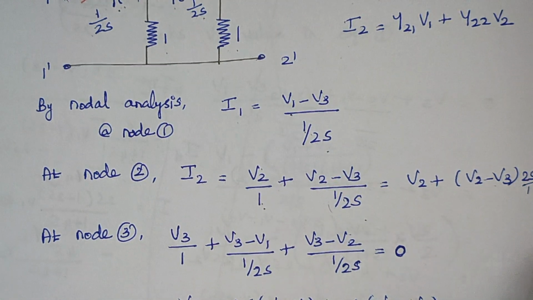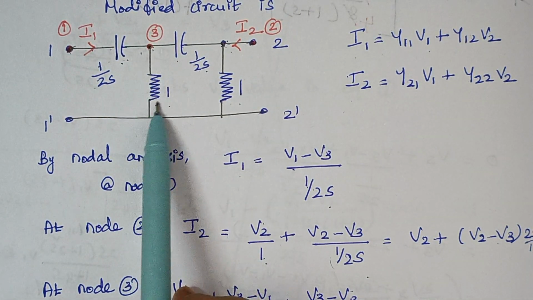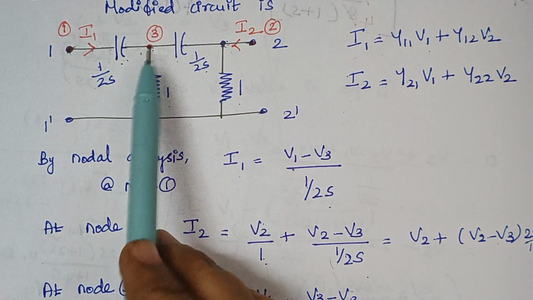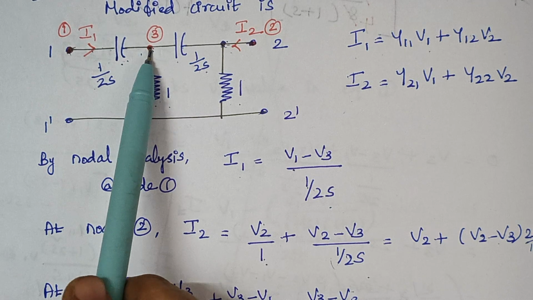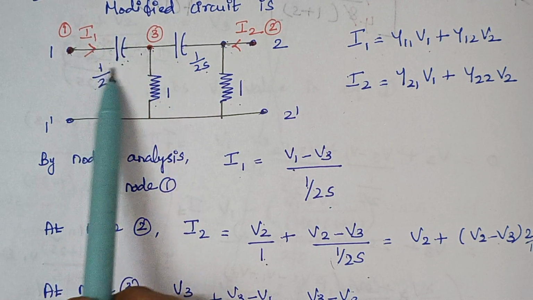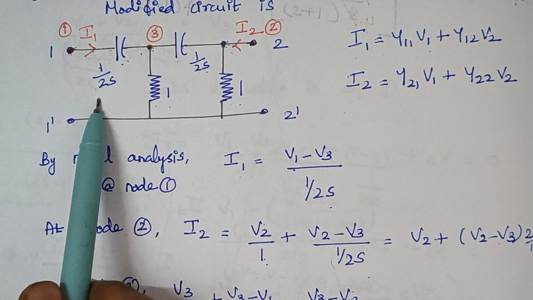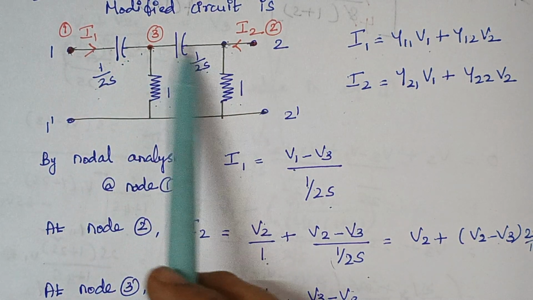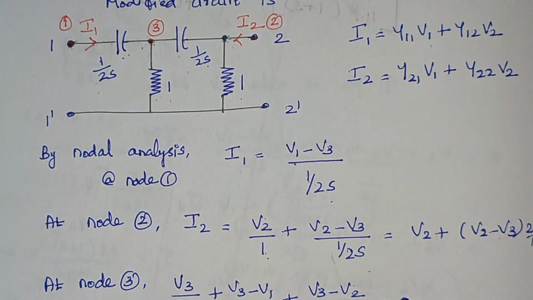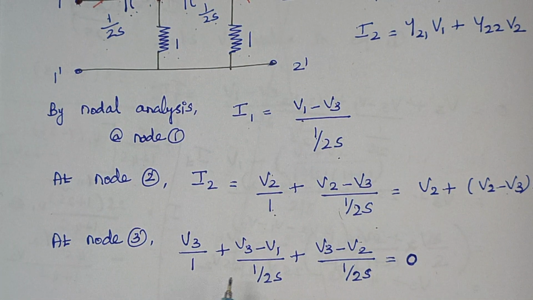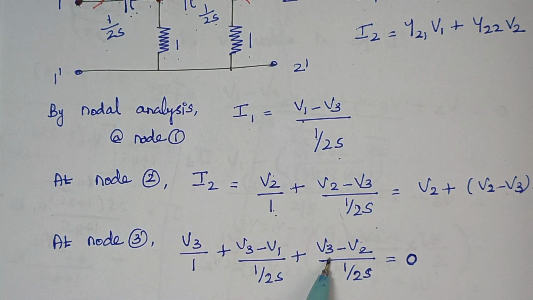You see here V3 by 1, because this resistor is connected only to node 3, plus for this capacitor V3 minus V1 divided by 1 by 2S, and similarly V3 minus V2 divided by 1 by 2S. Since we are considering node 3, V3 should be written first in all cases.